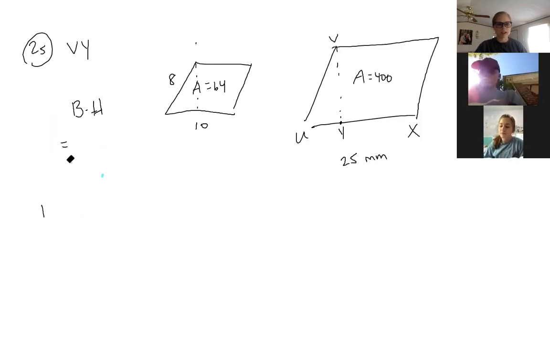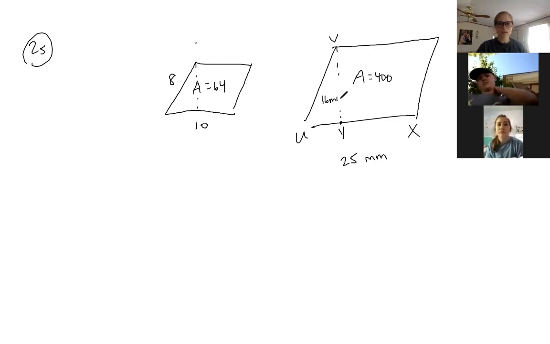So we have found the height, we have found the base, we have found the ratio. So the height was segment VY, that's 16 millimeters. So the perimeter of UVWX, in order to find the perimeter of the parallelogram, I need to find all of the sides, correct?